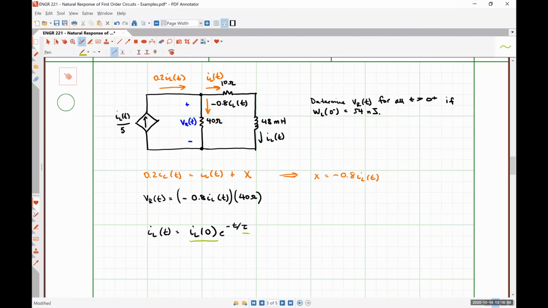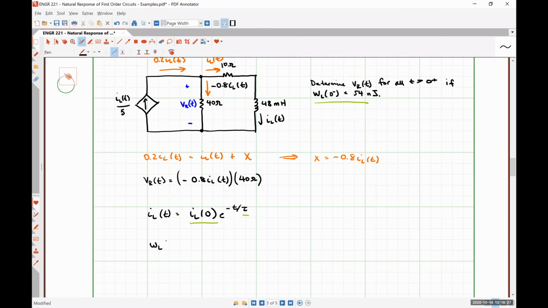All right, so who has an idea on how I might determine the current flowing through the inductor at t equal to 0? I'll give you a hint, and it has something to do with the energy stored. So we know that the energy stored, that looks like an omega, not a W, and that's going to drive me nuts, is 1/2 L IL squared.